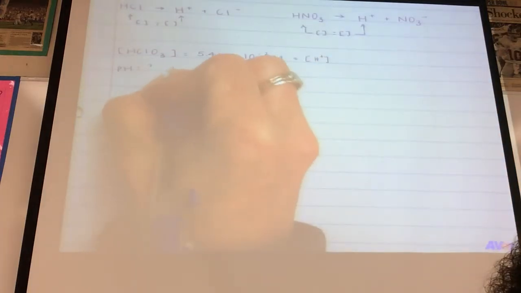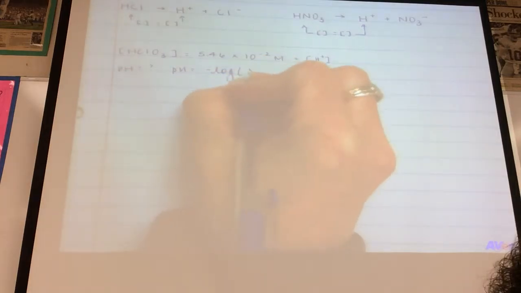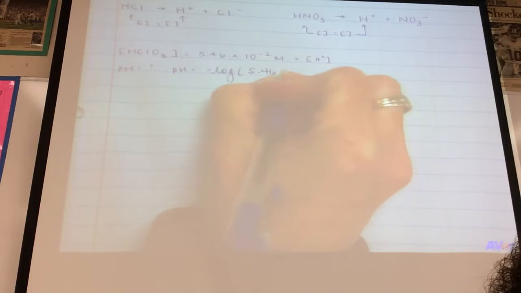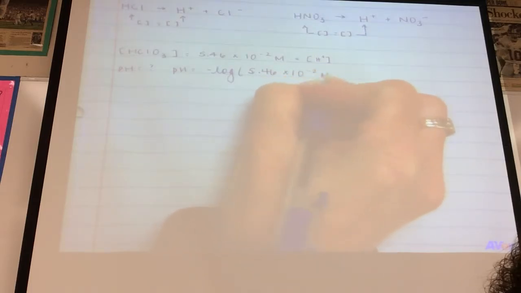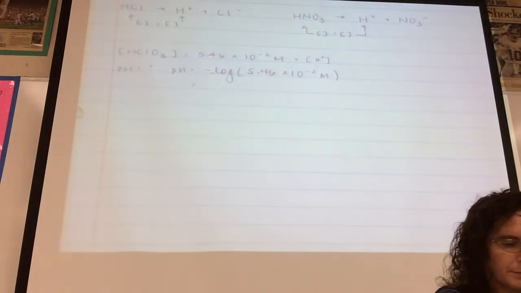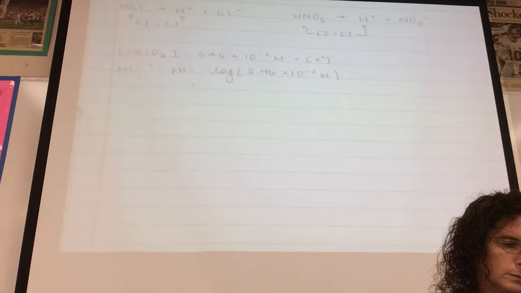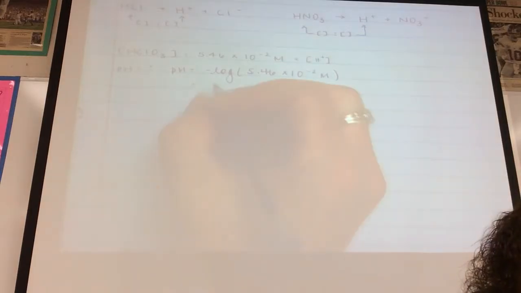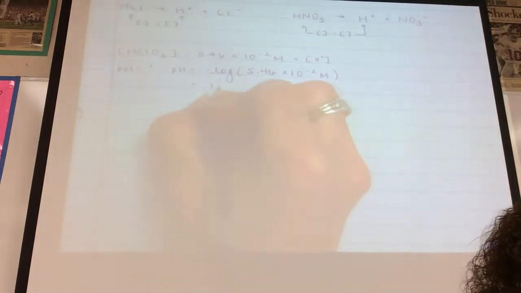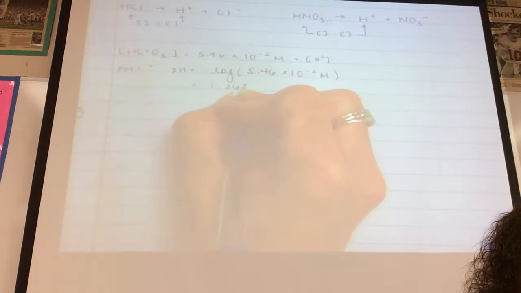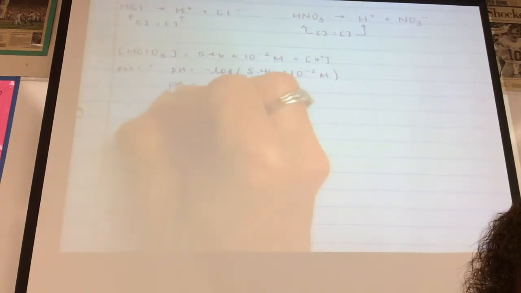So we've got pH is equal to negative log of 5.46 times 10 to the minus 2 molar. And again, make sure you're comfortable with your calculator. And that's going to be 1.263.